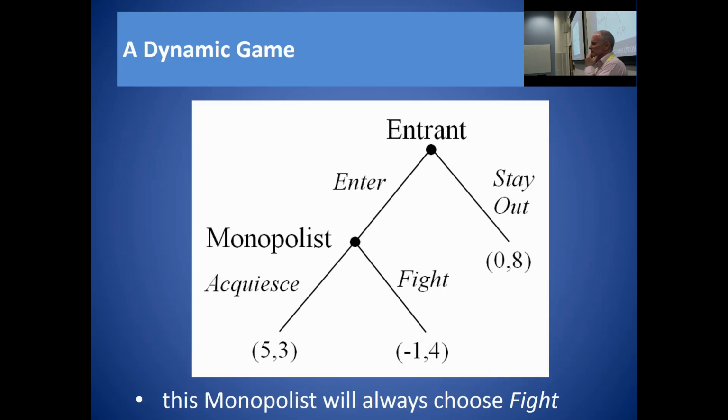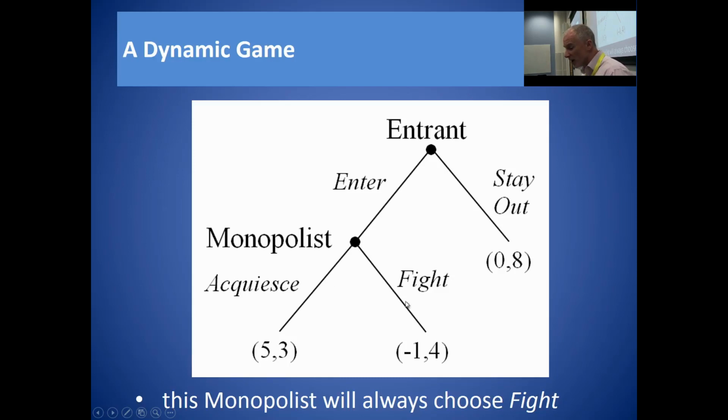What can we say about this game here? We said in the initial game, where sunk costs weren't incurred, the subgame perfect Nash equilibrium was for the monopolist to acquiesce, always allow market entry. Here though, where sunk costs have been incurred, it's slightly different. The monopolist will now always choose to fight, because if market entry occurs, if the monopolist acquiesces, it gets a payoff of 3.